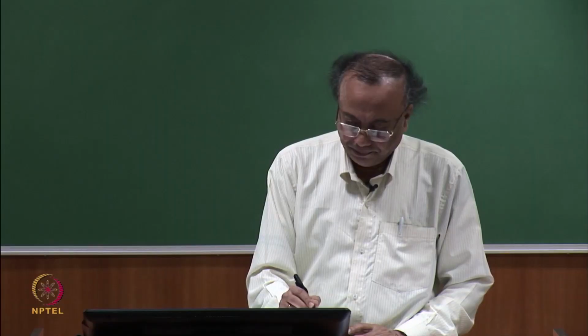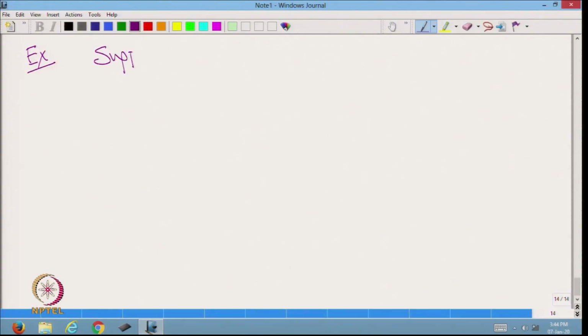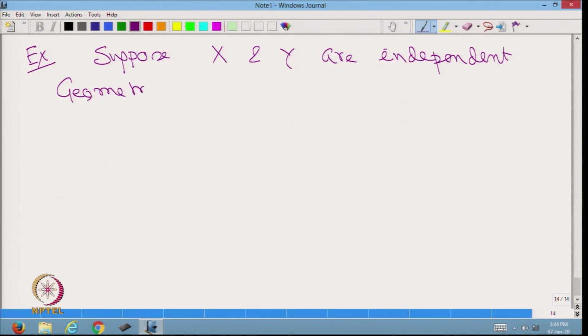Another example: suppose X and Y are independent geometric distributions with parameter p.